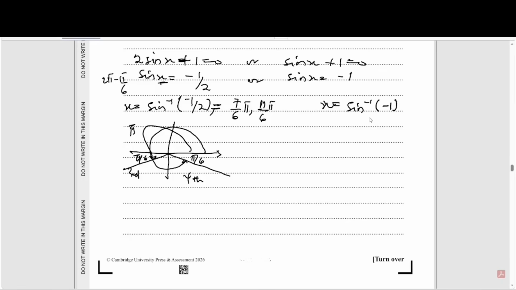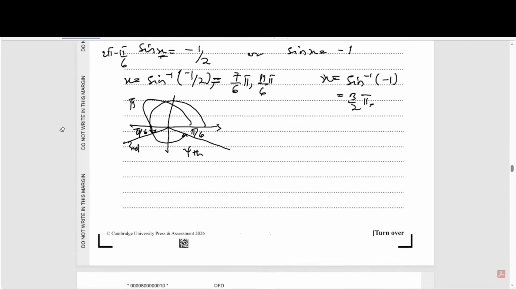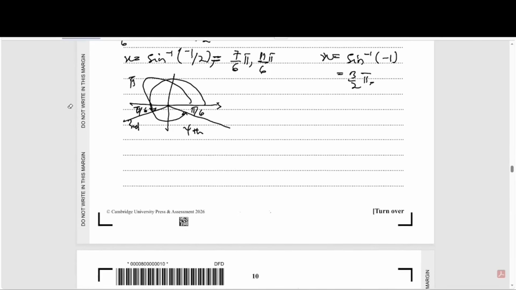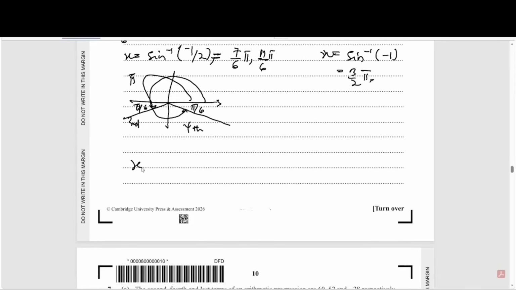You point sine inverse of 1, and then the result is 270 degrees, or 3 over 2 pi, and no more values in the range. It means that the values of x that satisfy this equation are 7 over 6 pi, 3 over 2 pi, and then 11 over 6 pi.